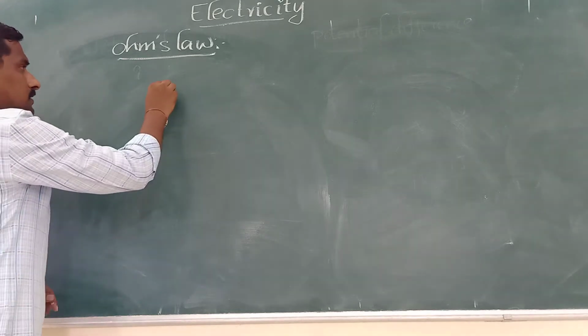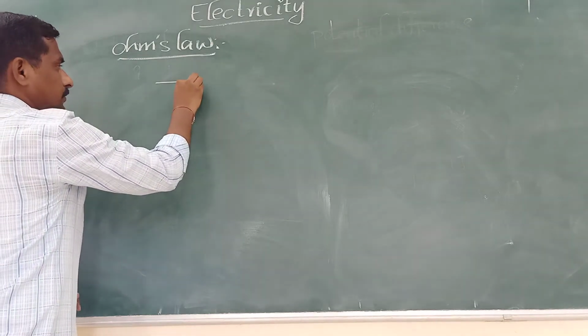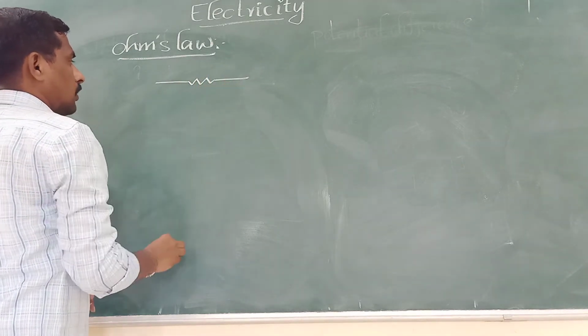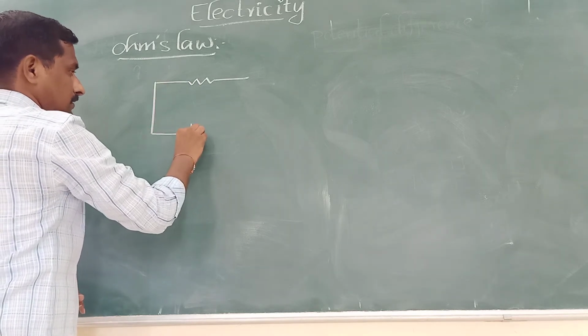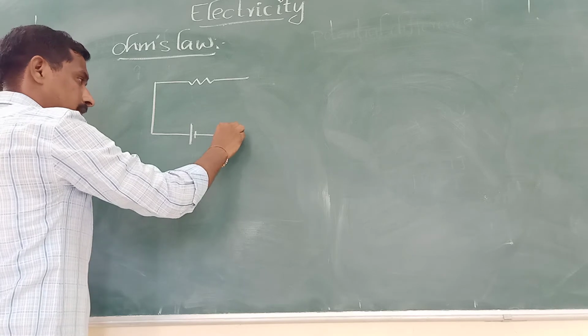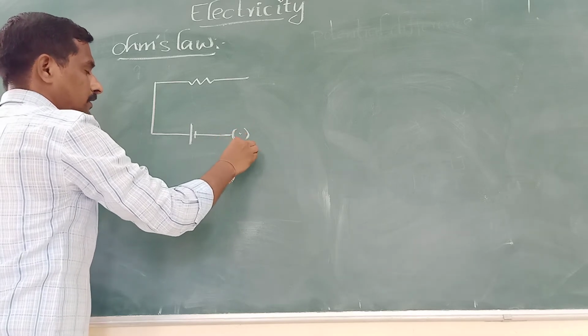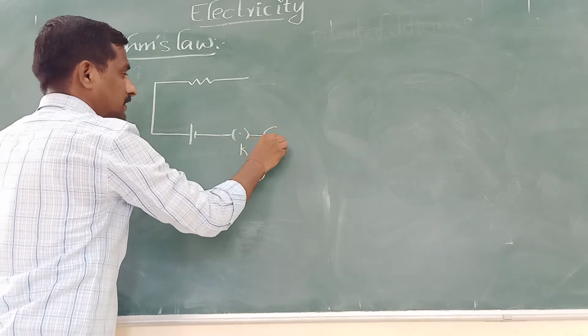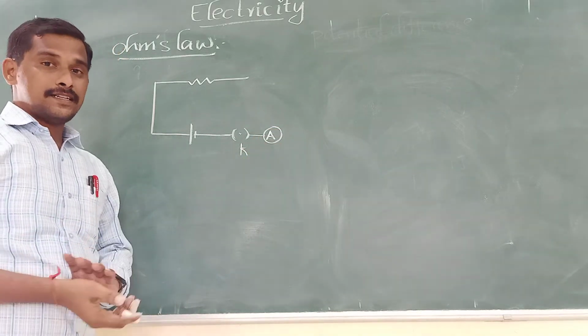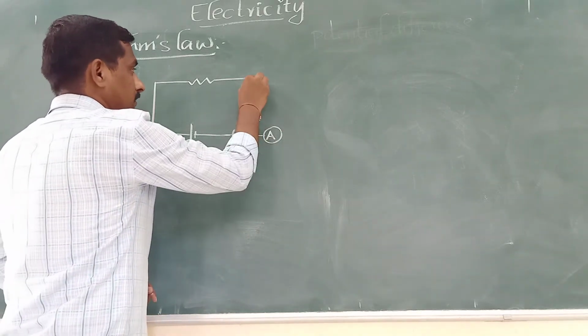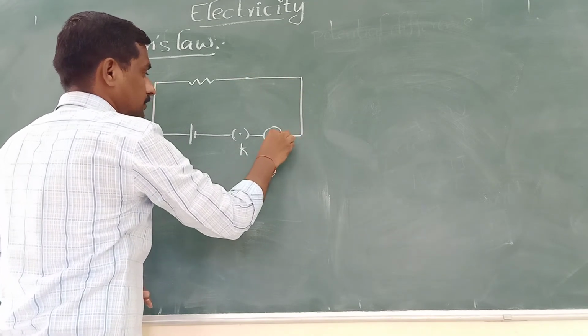Here we place one nichrome wire, and then we take one cell first. After that, we add a key and an ammeter to measure the current. Then we close this circuit.